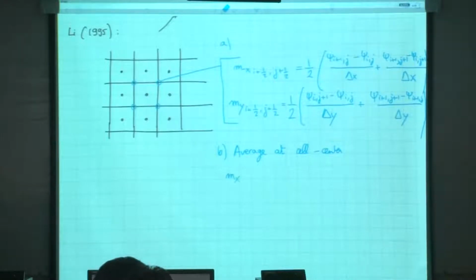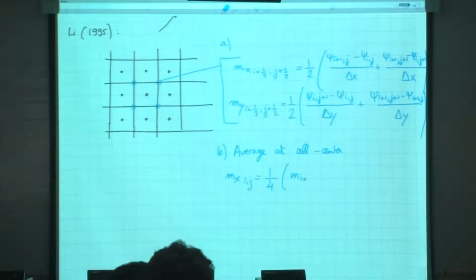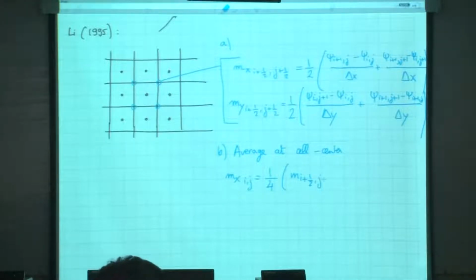So for example, mx of I comma j will be 1/4 of the sum mi plus 1/2 j plus 1/2 plus mi minus 1/2 j plus 1/2 plus mi plus 1/2 j minus 1/2 plus mi minus 1/2 j minus 1/2.